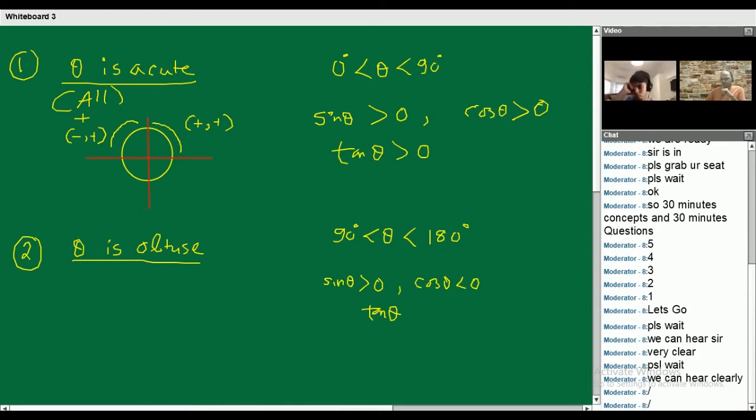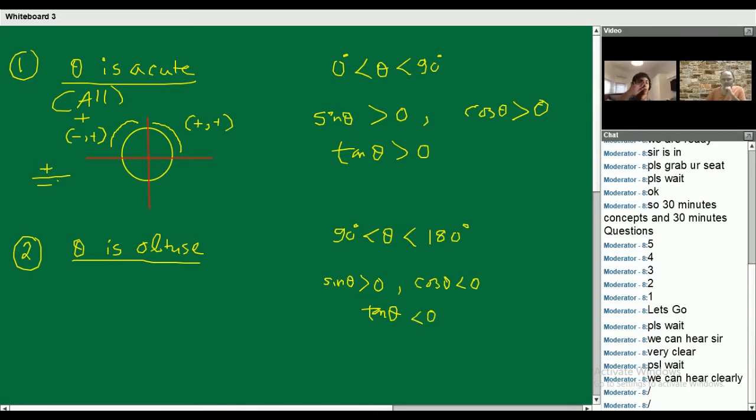Here the x coordinate, cos theta, is negative, and the y coordinate is positive. So it is a ratio of a positive number over a negative number. Will it be positive or negative? So tan theta would be negative here.